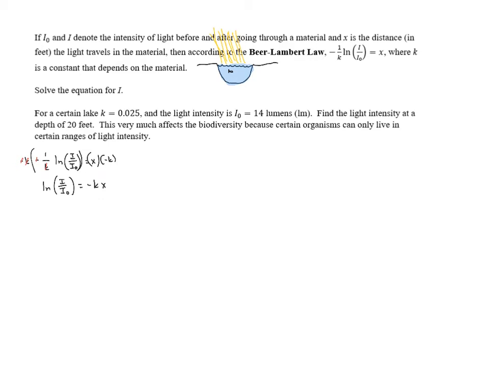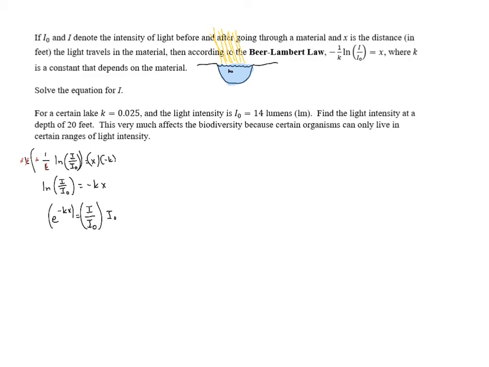Perfect. Now that we've got the logarithm isolated, we can rewrite this in exponential form. When we do that, that's going to be e to the negative kx equals I over I naught. And if our goal is to solve this equation for I to get the I alone, we can do that by multiplying both sides by I naught.